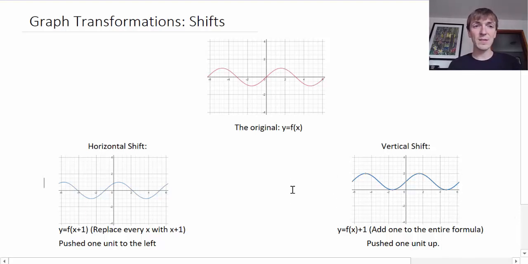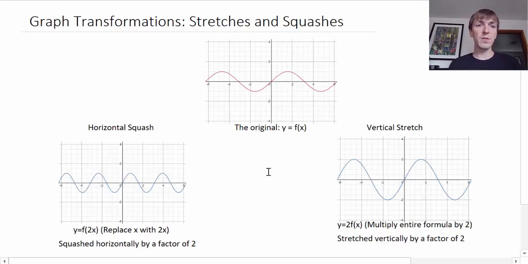Okay, but that's just adding and subtracting constants. There's also multiplication. We can also multiply by constants as well, and that's how you get stretches and the inverse of stretches, squashes. So here we have the original function again, just for reference. To make a horizontal squash, we replace x in our formula with x times something.